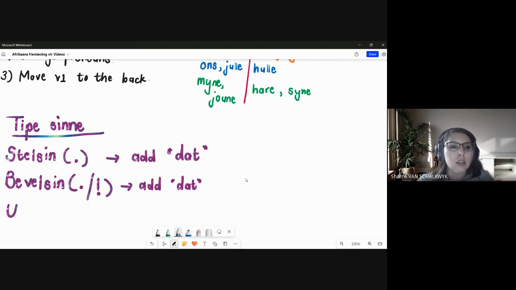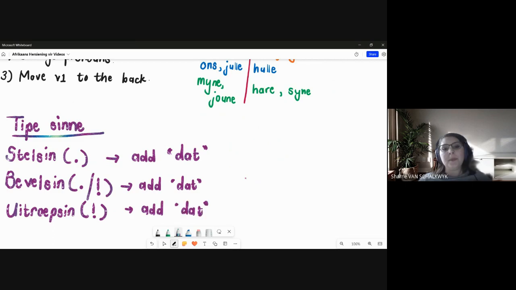Dan het ons 'n uitroepsin. 'n Uitroepsin has an uitroepteken, an exclamation has an exclamation mark. For this we also add dat. But yeah, guys, it's very important.